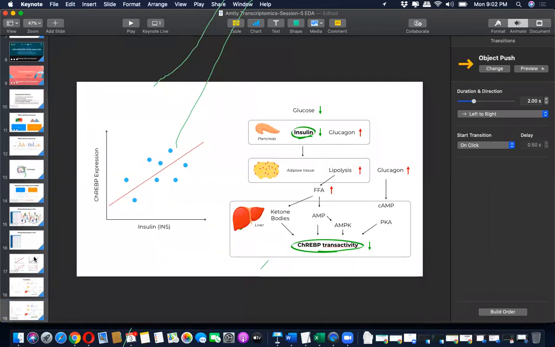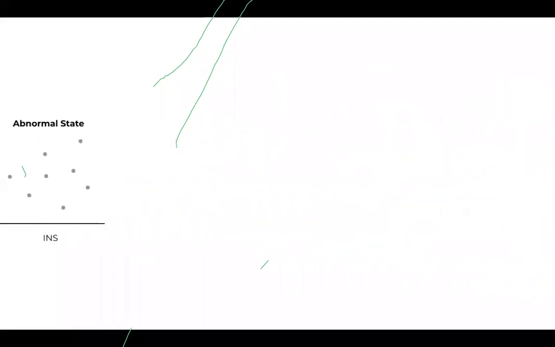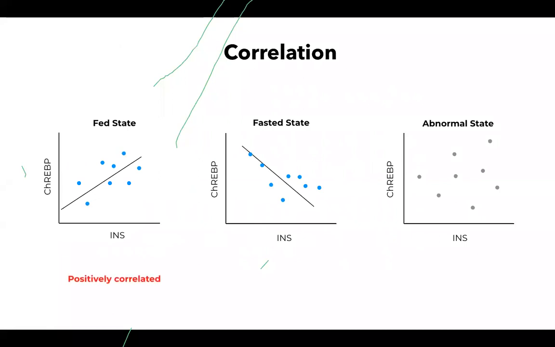So we are talking about correlation here. We can thus study the relationship between insulin and CHREBP gene expression, like we saw in the example.